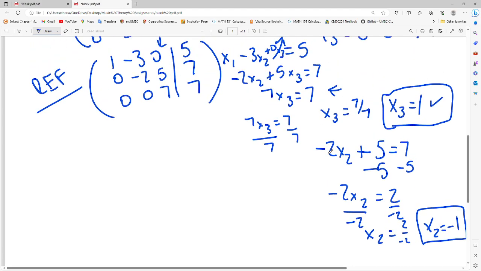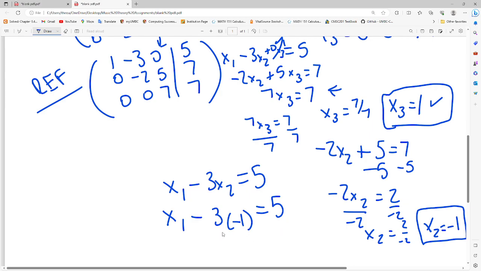Last but not least, we have x2 and we have x3, so we can solve the top equation. x1 minus 3x2 equals 5. We said x2 is negative 1, so we get x1 minus 3 times negative 1 equals 5. Negative 3 times negative 1 is just going to be equal to 3 because a negative times a negative equals a positive. So we get x1 plus 3 equals 5.